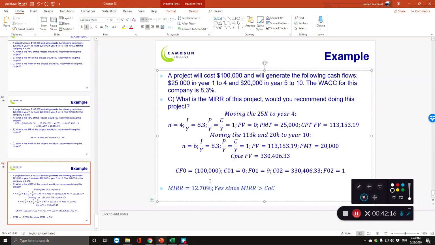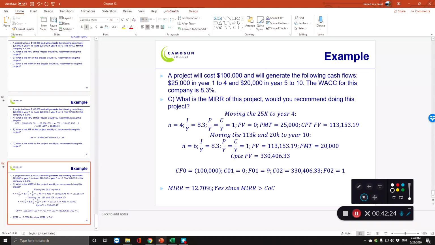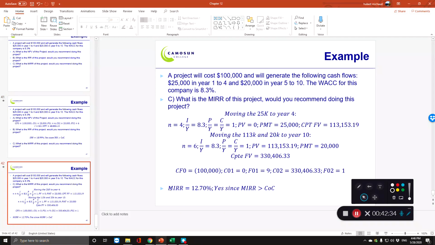Here's the thing though: if the IRR is bigger than the cost of capital, the MIRR is always also going to be higher than the cost of capital. So practically in the real world, most people just use the IRR because it's always going to give us the same answer as the MIRR.